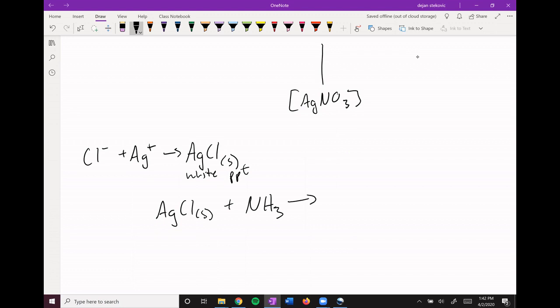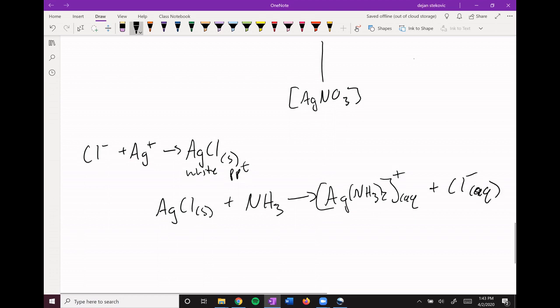So this will go into some silver ammonia complex, and then your chloride, right? So the precipitate will disappear again.